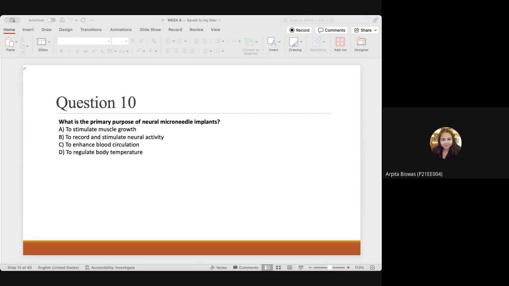So what is the right option? The right option is option B, to record and stimulate neural activity.